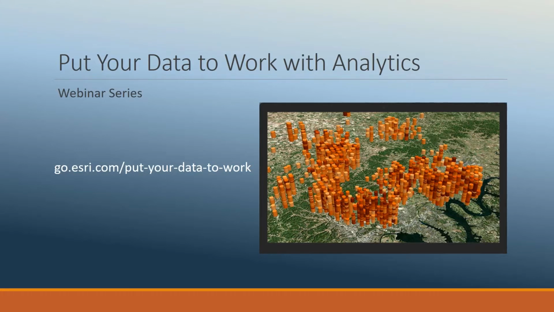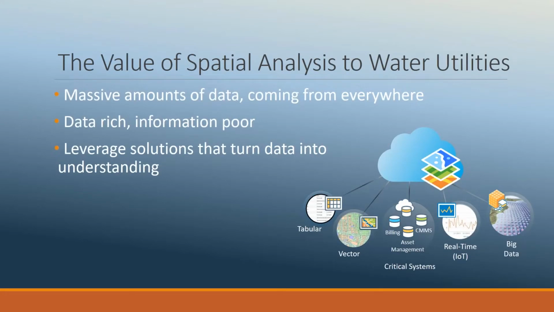Matt? Thanks, Krista. So a pattern that we've noticed over the past couple of years is that utilities have been collecting lots and lots of data. You've been building up your system of record.